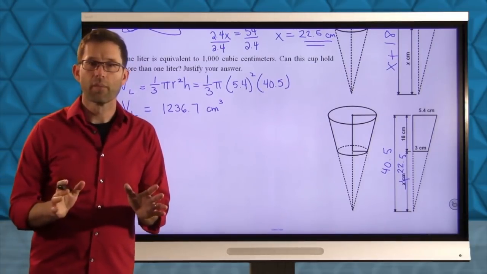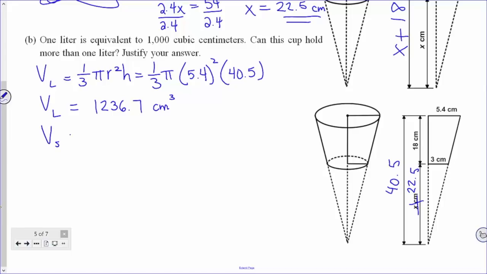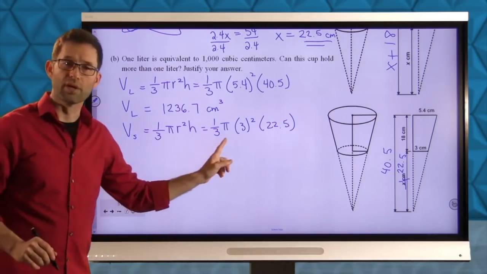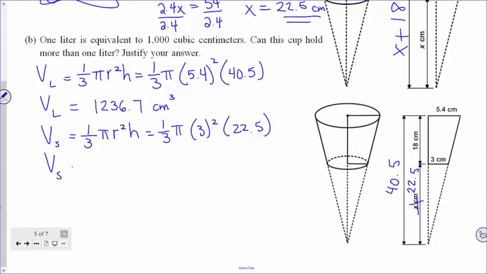Now the volume of the small cone: 1/3 times pi times r squared times h gives me 1/3 times pi times 3 squared times 22.5. Again, messy calculation, be careful on your calculator.